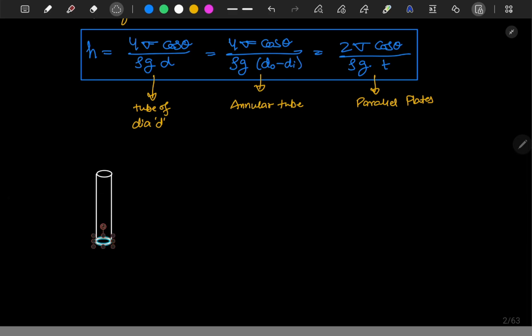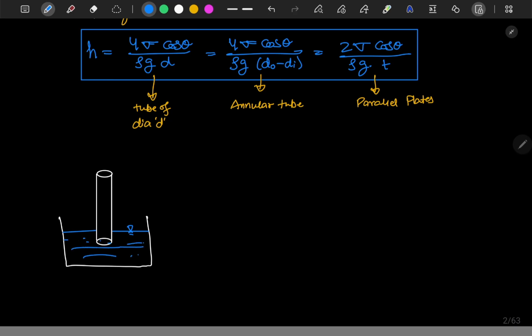Let's say this is your tube, and we have of course a container inside which the tube is kept. There is some liquid filled inside this, let's say up to this surface. Now let's say that this is water, so the liquid will rise up to a certain point. Let's say it rises to this point.